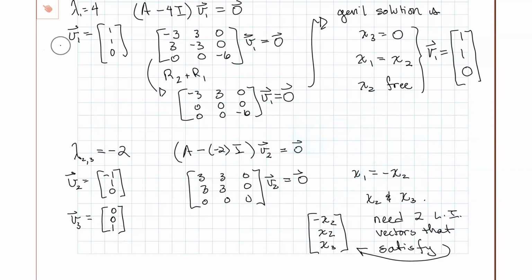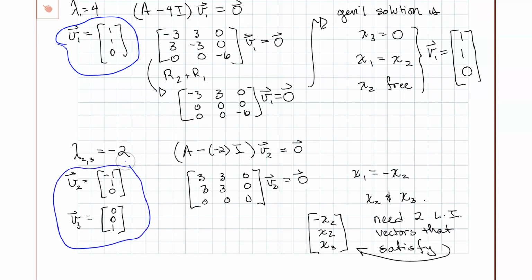And now, with these three vectors, which are readily seen to be linearly independent, and these three eigenvalues, we can write down our diagonalization.